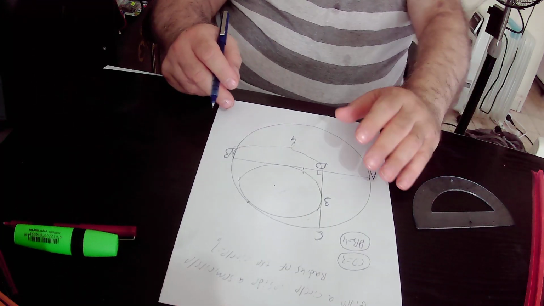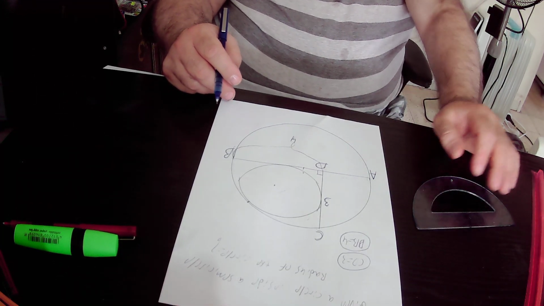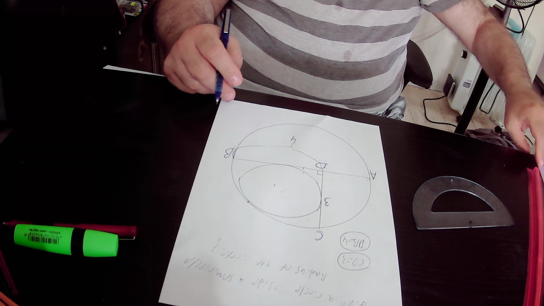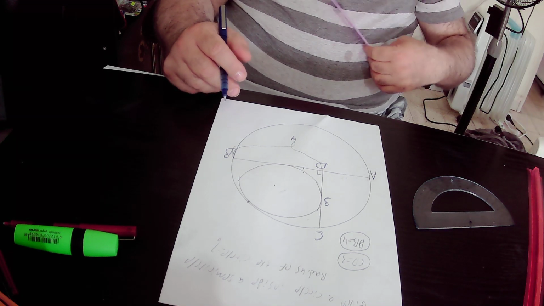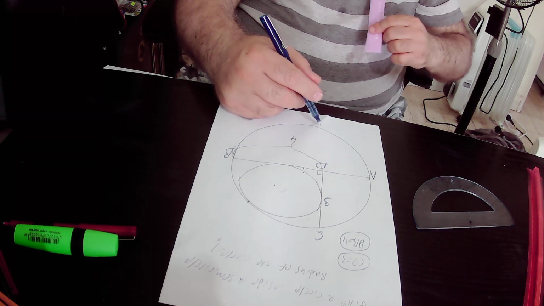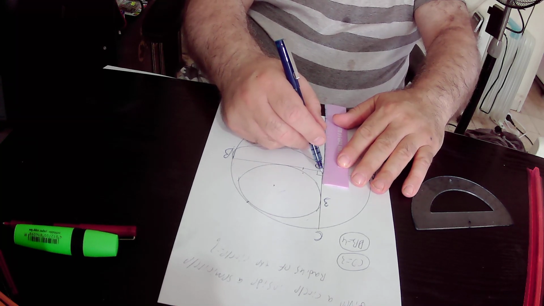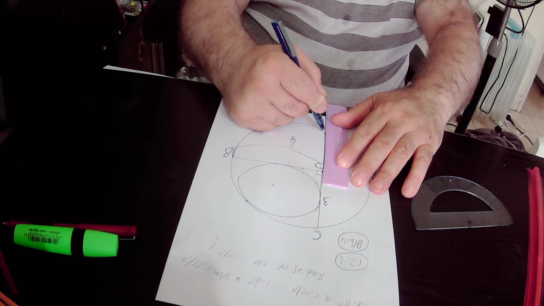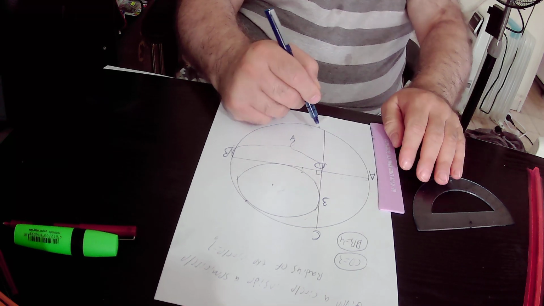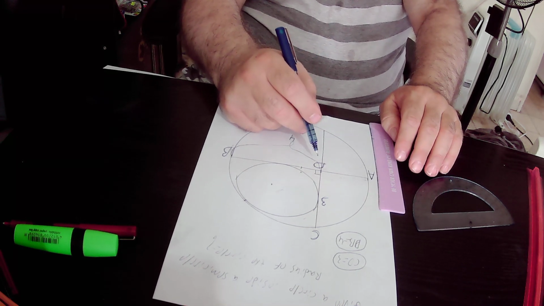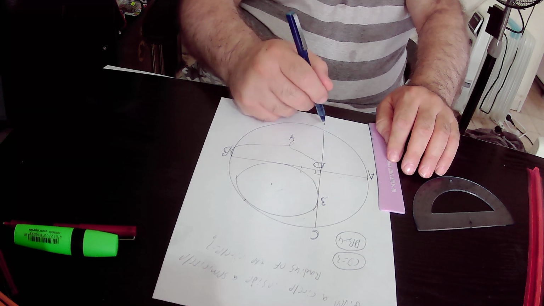So we completed the semicircle to a circle. In the next step, we will extend line segment CD until it touches the circle. And we define the touching point of the extended line segment CD and the circle as point E.